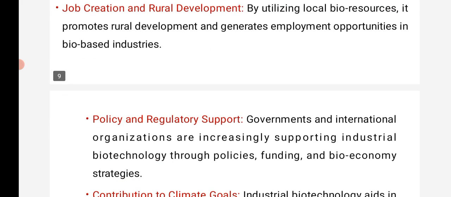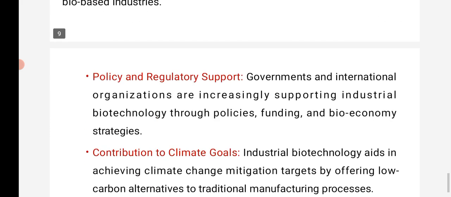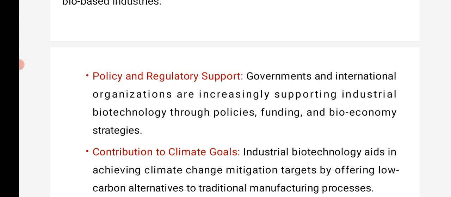So the policy and regulatory support: the government, non-governmental, international, or institution-level policy supports any work, and we will complete it very successfully. Without regulatory support, they do not get any funding or any successful production work.